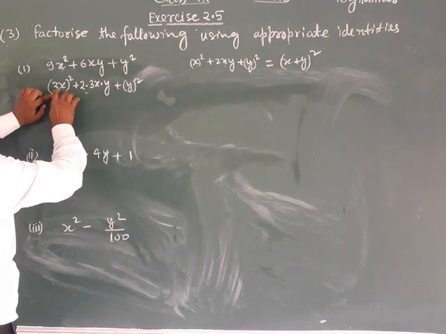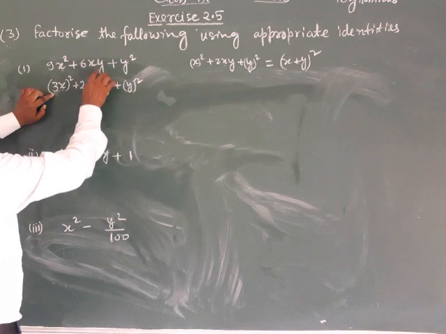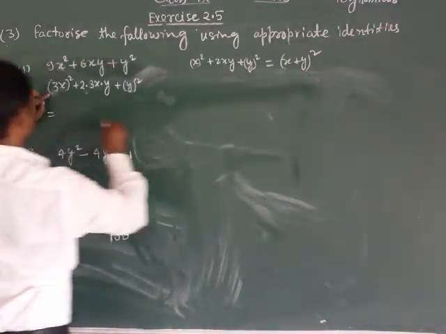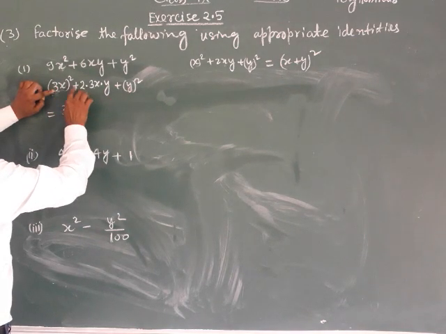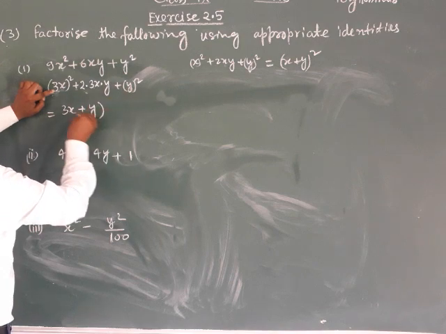So their multiple, 2 times, makes 2 into 3, 6, x into y. So use this identity, x plus y whole square. So 3x taken with positive sign, so positive, and y square.